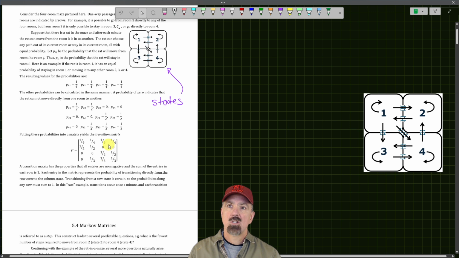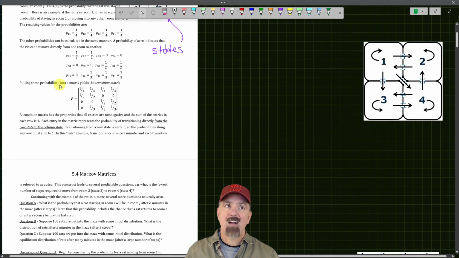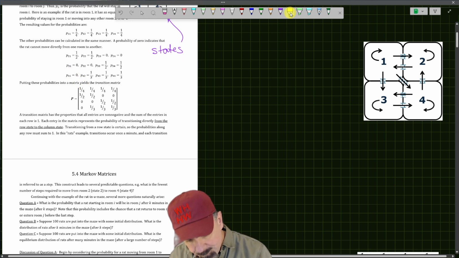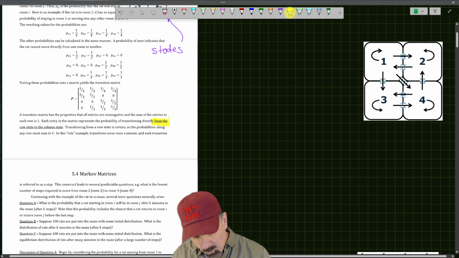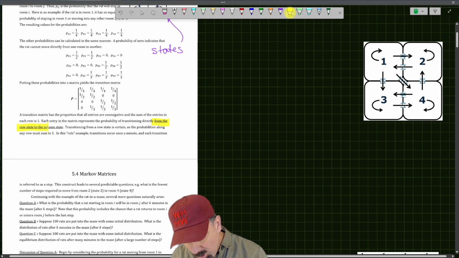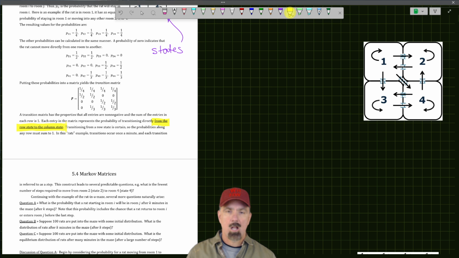So here's the transition matrix that goes with this problem and an explanation of how this goes. Let me point out the key fact for setting up these transition matrices. It's right here: we are calculating the probability from the row states to the column states.